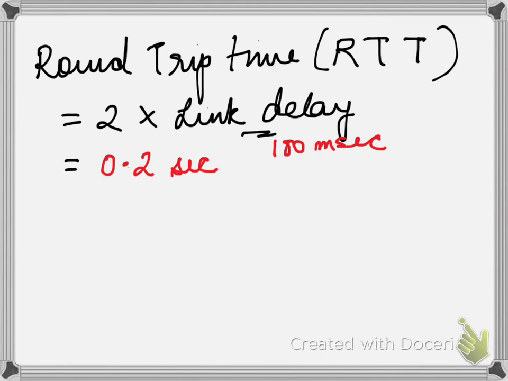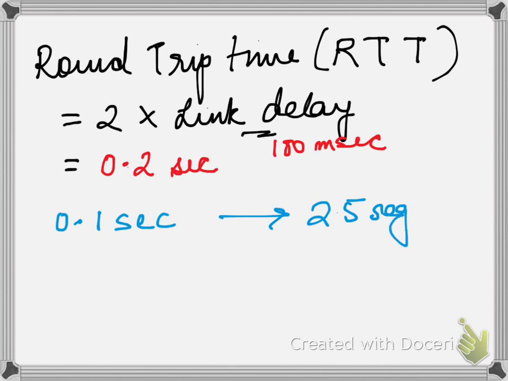As we had seen earlier from the BDP, in 0.1 seconds 2.5 segments can be outstanding. So in 0.2 seconds you can have double of this, that means 5 segments outstanding.